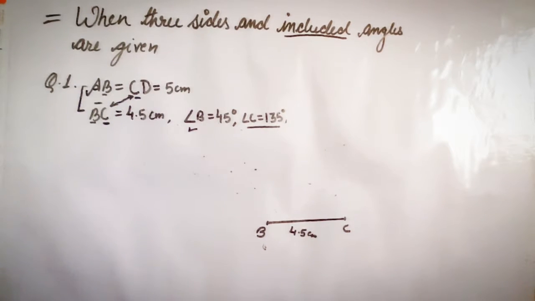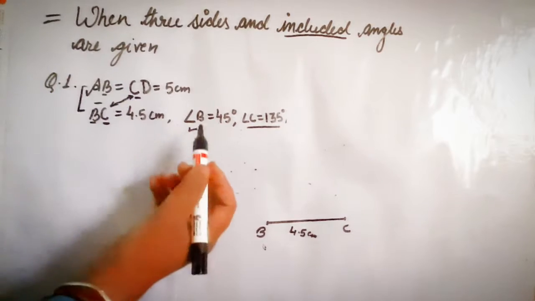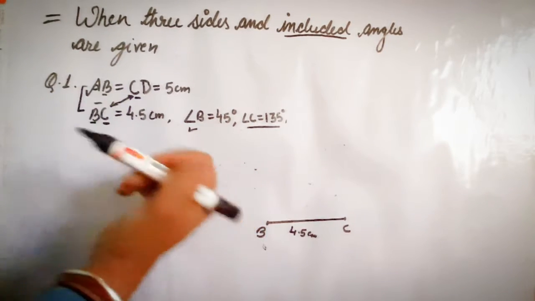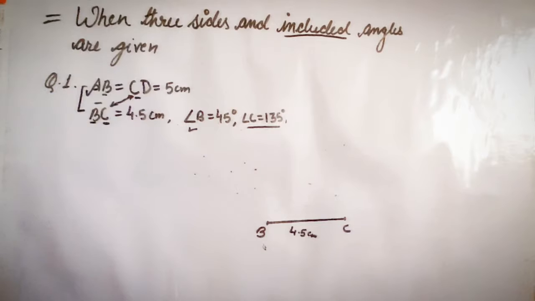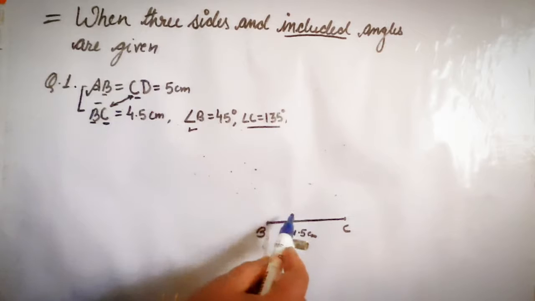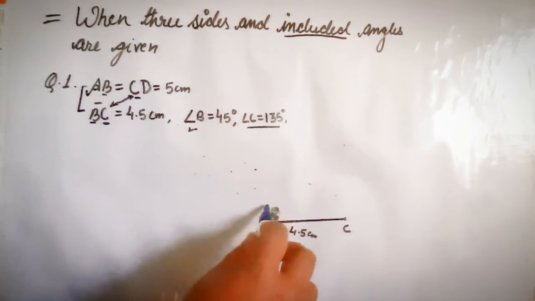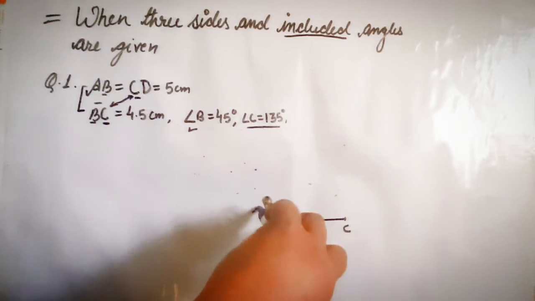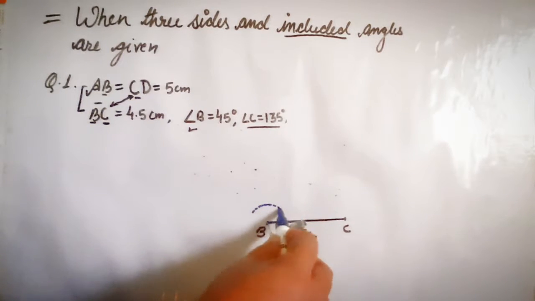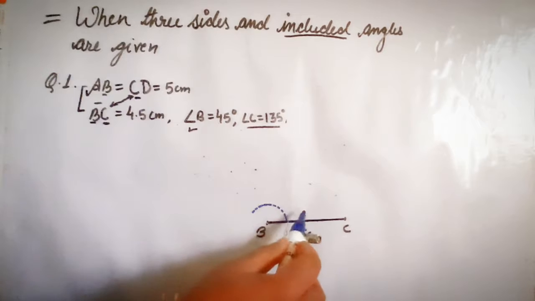Now draw the angles. Angle B is given equal to 45, angle C is given equal to 135. And to draw both B and C, first of all we need to draw the angle of 90 degree. So on B we have to draw 45 degree. So draw an arc, then place on the initial point.